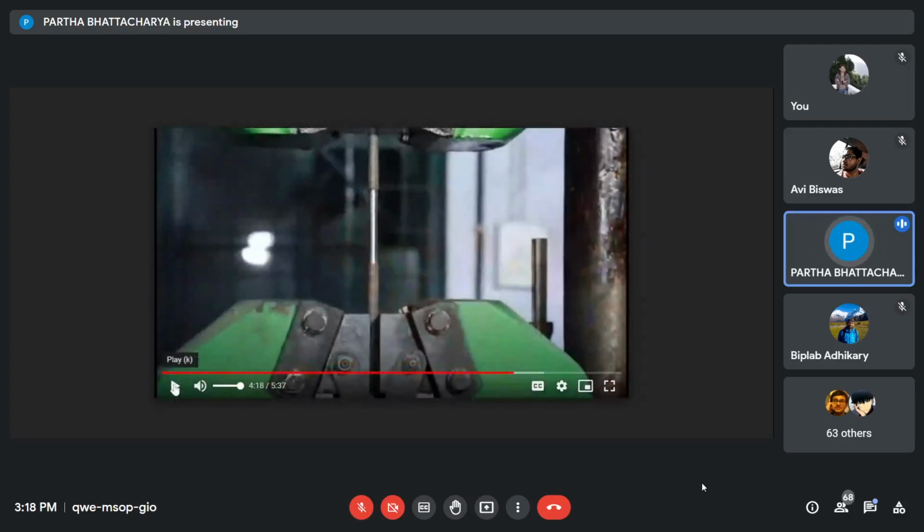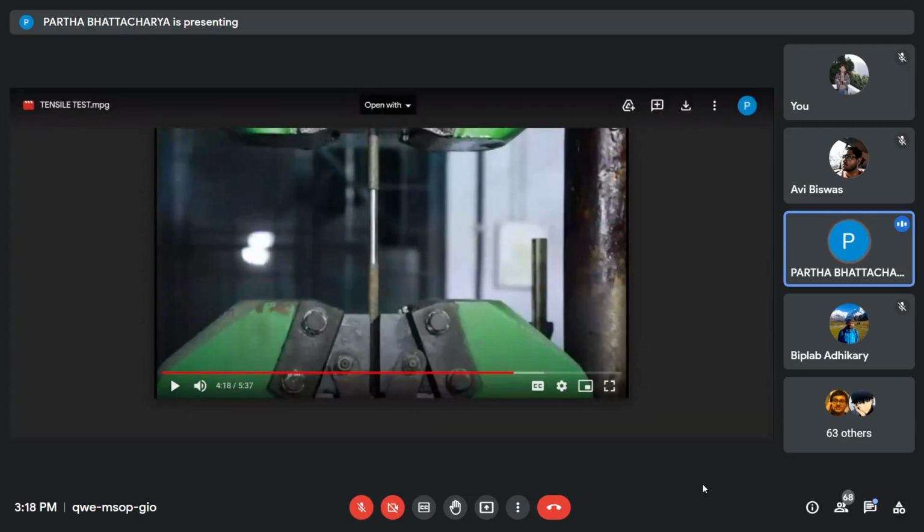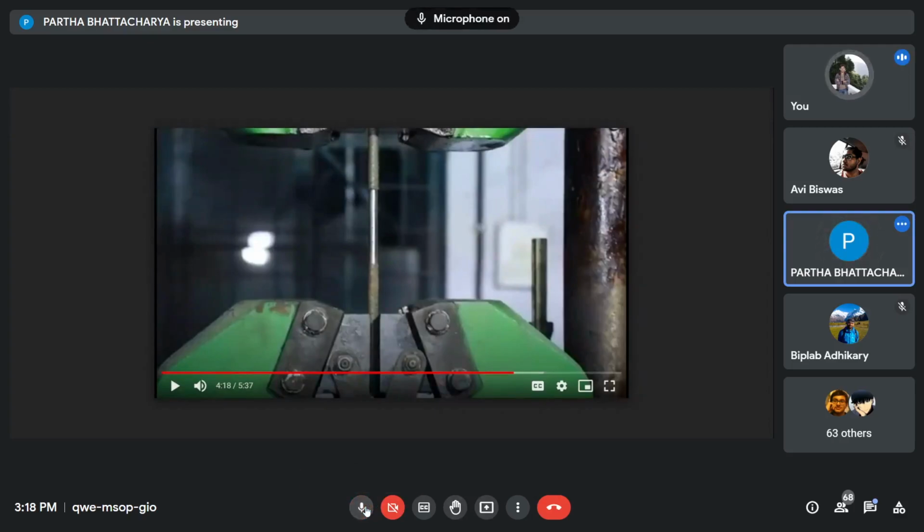See, we have stopped the experiment for a few seconds and we have removed that extensometer. Have you seen that thing actually? Yes, sir. The reason is we have removed the extensometer once the specimen is supposed to have reached its yield point.